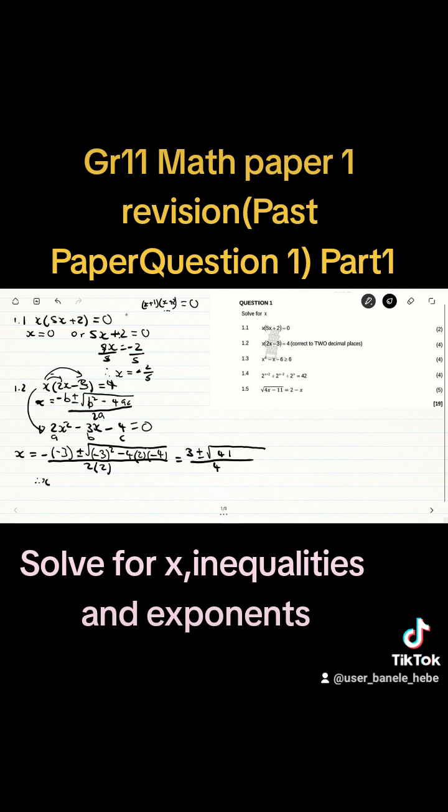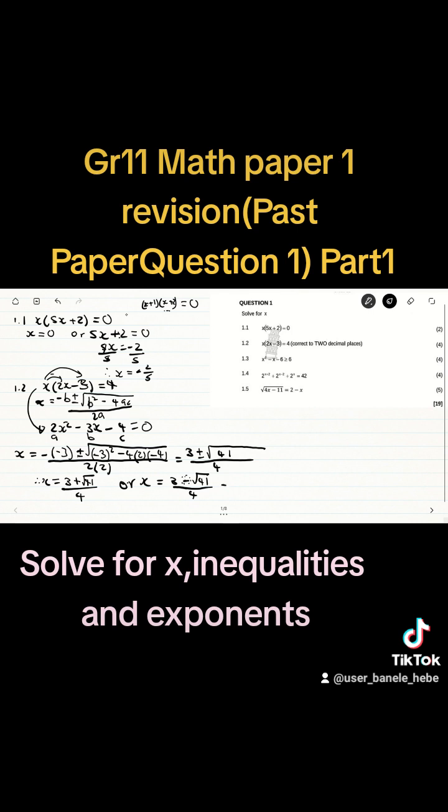Therefore, you'll get x is equal to, the first answer that you write is going to have a positive with it, and the second one is going to have a negative. That's the significance of plus minus. It simply means that you have two possible solutions. The first solution has a positive value in front of the square root, and the second answer is going to have a negative in front of the square root.